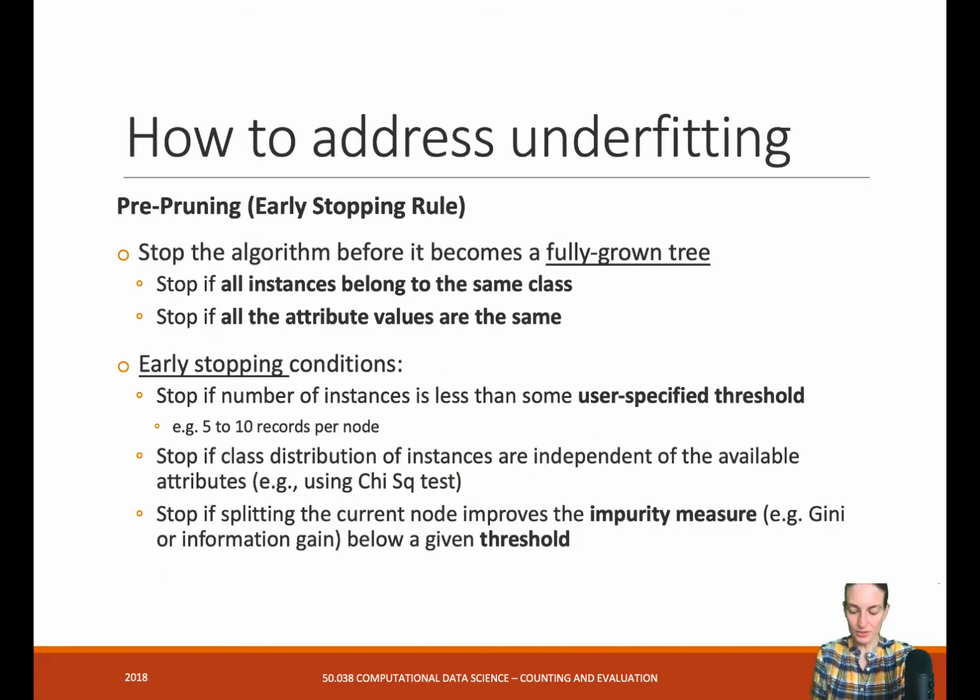How to address overfitting? Usually we stop the algorithm when all instances belong to the same class or when all the attribute values are the same, but we can do early stopping, and early stopping will prevent overfitting. It means stop if the number of instances, for instance, is less than some user-specified threshold, okay, 5 or 10 records per node.